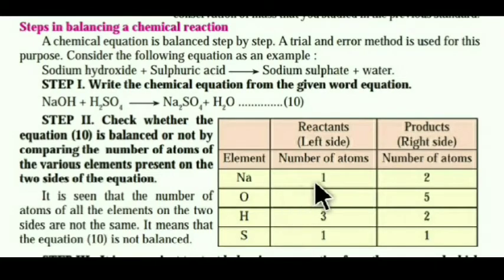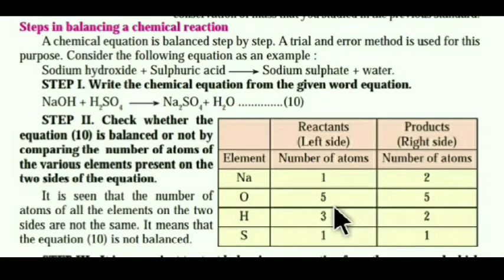So sodium has one atom, oxygen has 5 atoms. Let's see here, the oxygen has 5 atoms: this O is 1, and here O4. Hence here are 5 atoms of oxygen.